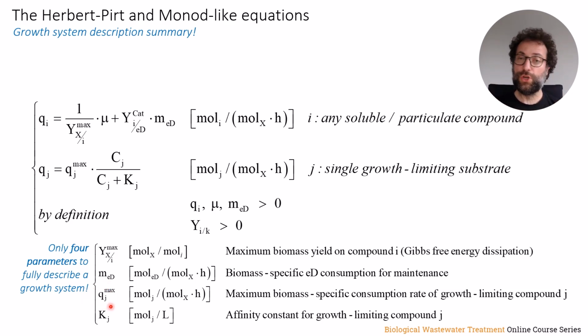We have a qj max, the maximum biomass specific growth limiting substrate consumption rate, and the K, which is the affinity constant for the growth limiting substrate j, which tells us at which concentration the rate of consumption of this substrate will be half of its maximum.